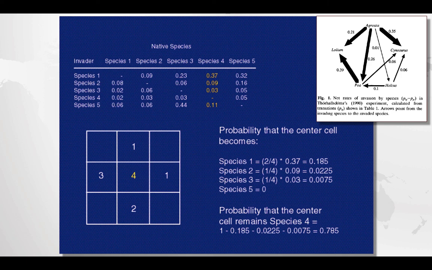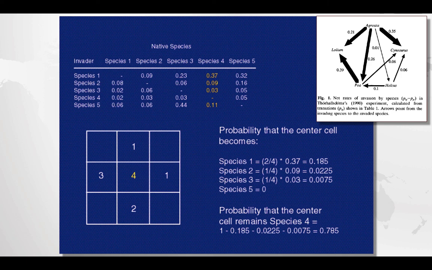You can come up with a probability that one species will replace another. Looking at the mathematics for this one particular case, the center cell is species 4.